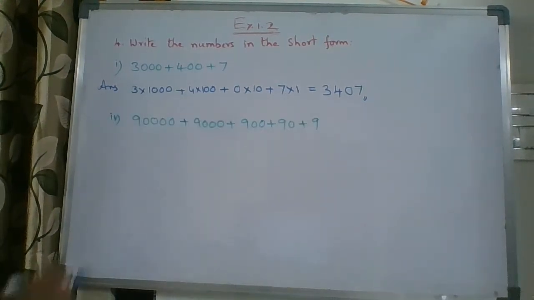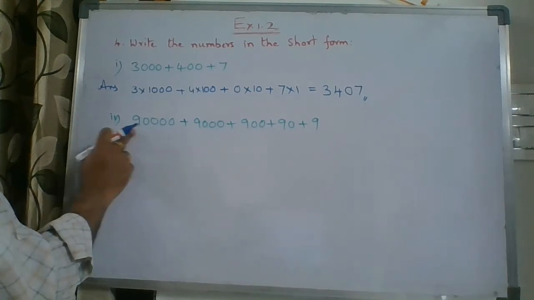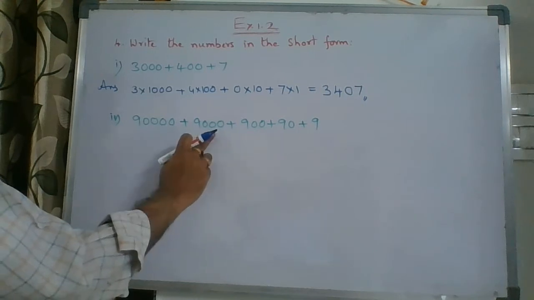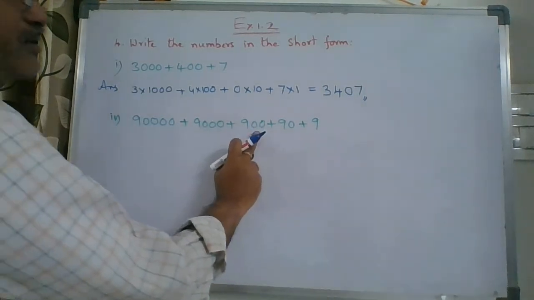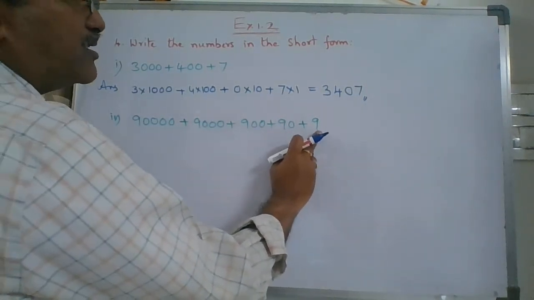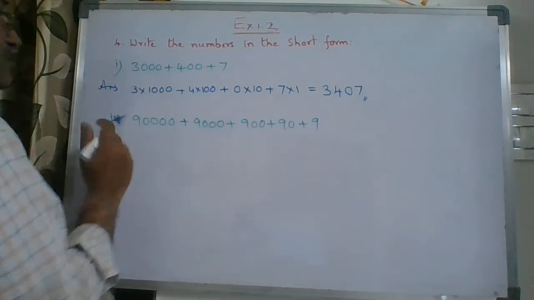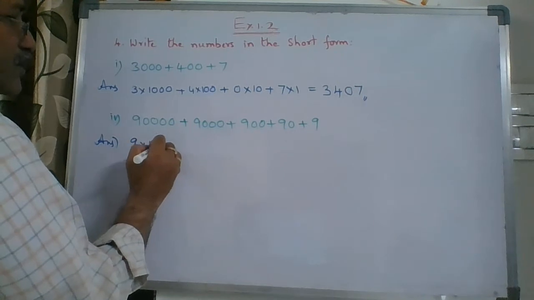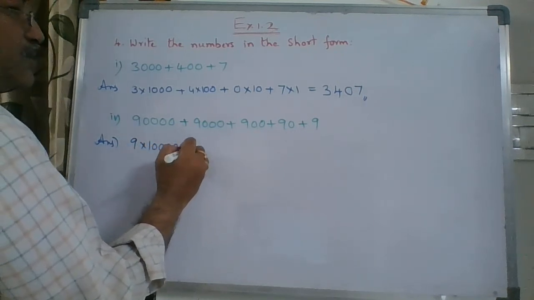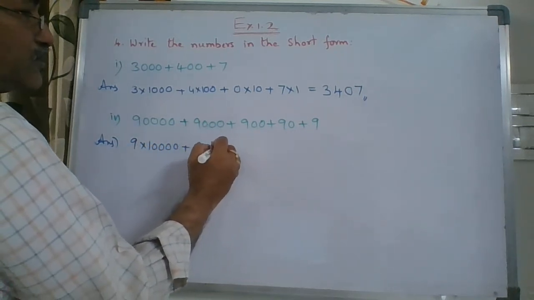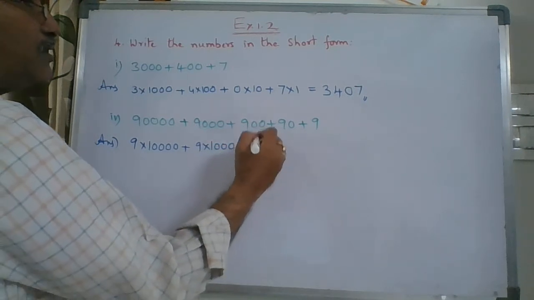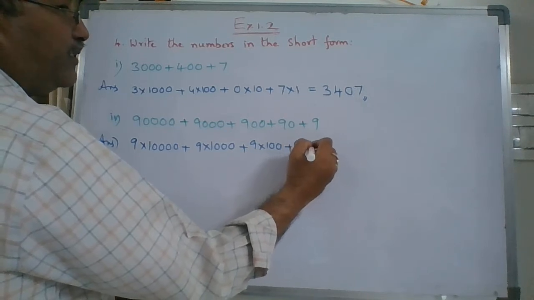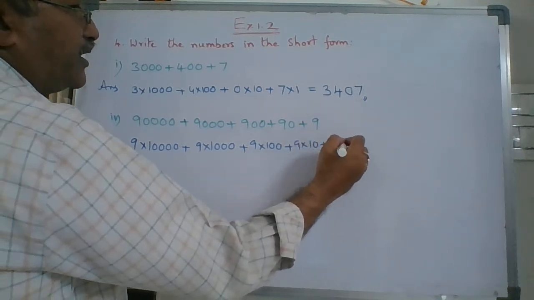Now another one, I've taken the fourth one. This is 90,000, this is 9,000, this is 900, this is 90, and this is 9, isn't it? So we can write this as 9 into 10,000 plus 9 into 1000 plus 9 into 100 plus 9 into 10 plus 9 into 1.